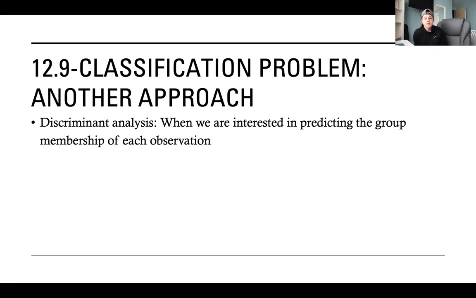We want to separate the two groups as far as possible, and one way is to fit a multiple regression model to the data. In general, logistic regression does not have to make the restrictive assumption of multivariate normality for the predictor variables. So in this case, they recommend using logistic regression for classification problems.